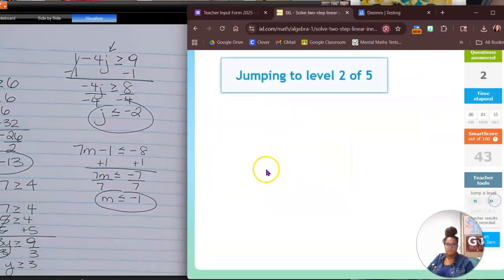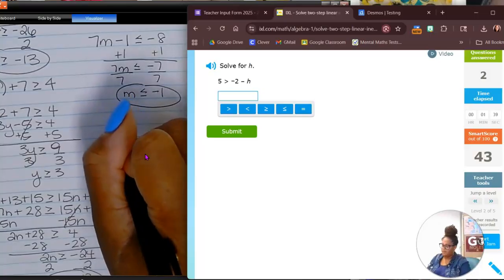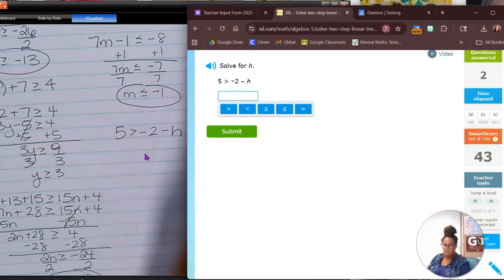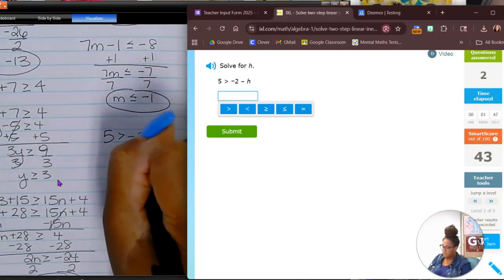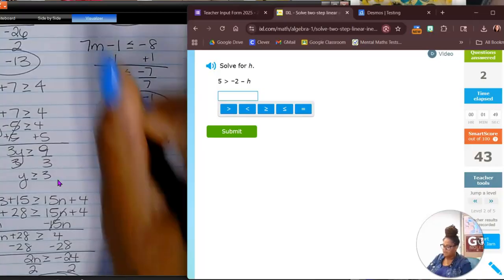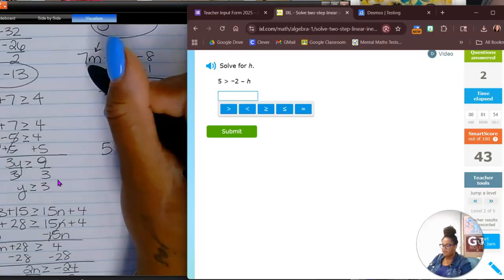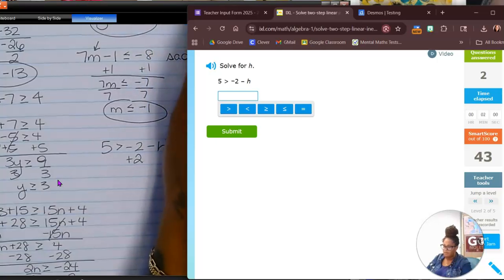All right, let's jump up. 5 is greater than negative 2 minus h. Okay, so I want to add 2 to both sides because, again, I want to get h by itself. Here, I wanted to get m by itself, so I move the 1. Then move what's attached to it because, remember, we're doing reverse GEMDAS, which is SADMEG.